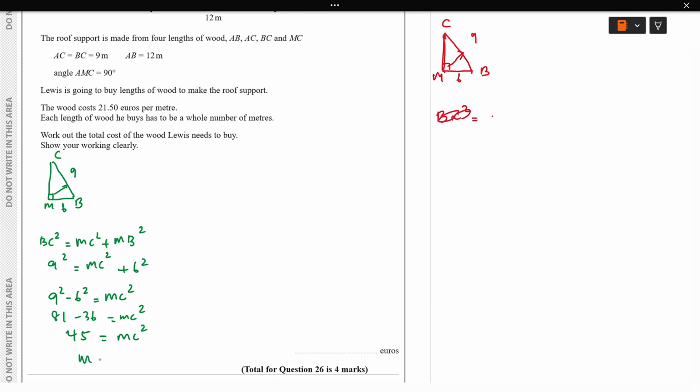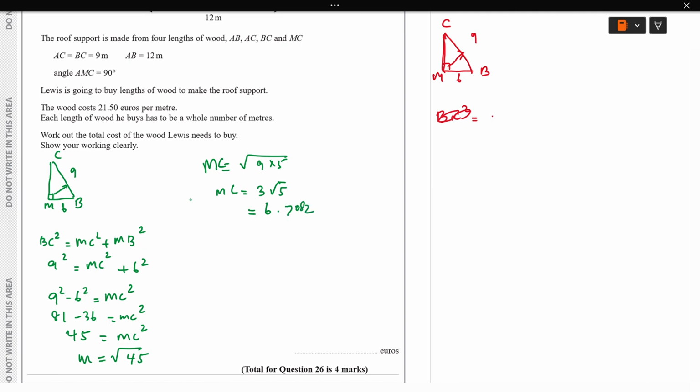So MC equals, taking the square root of both sides, the square root of 45. I can write 45 as 9 times 5. So MC equals the square root of 9, which becomes 3, so I can bring 3 out: 3 root 5. We can leave the answer like this. When we make it a decimal, we'll get 6.708.